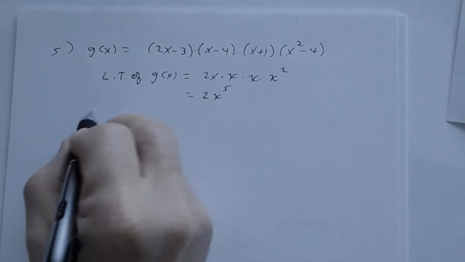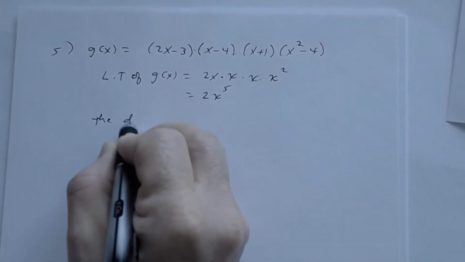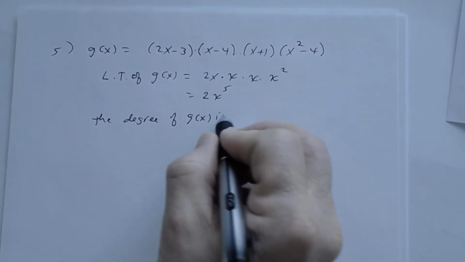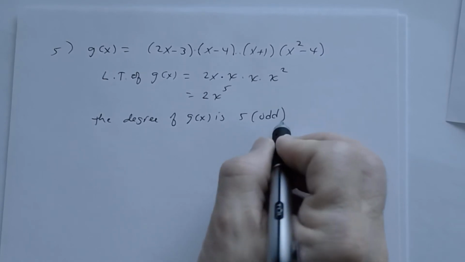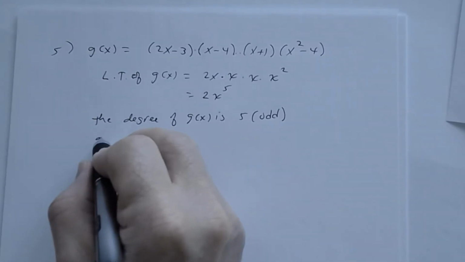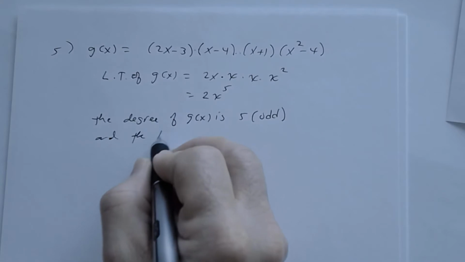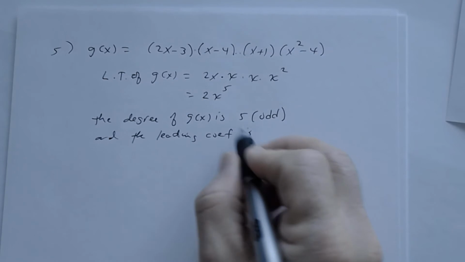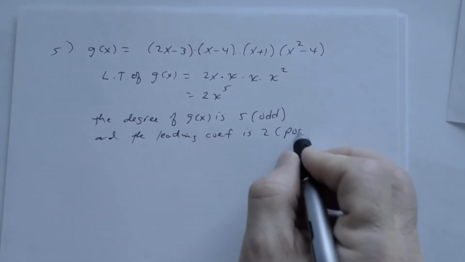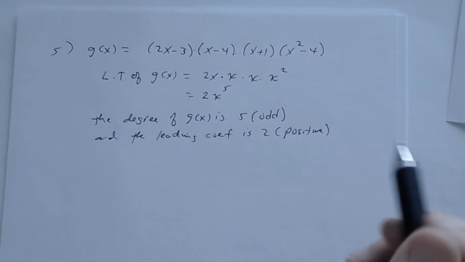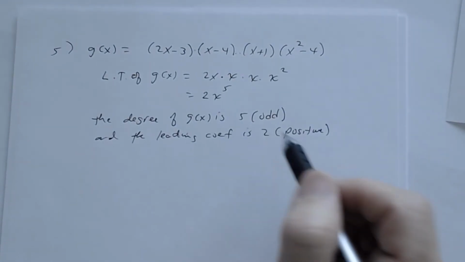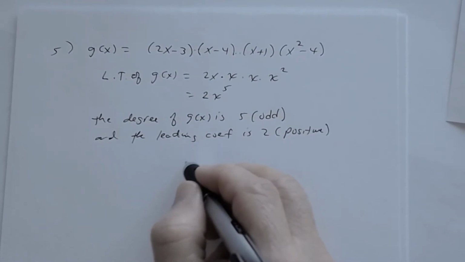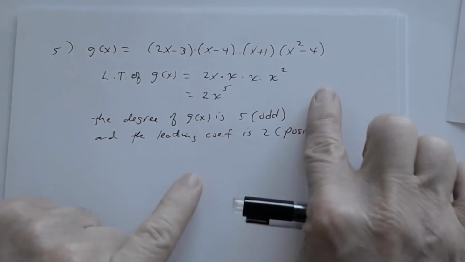Since the degree of g of x is 5, which is odd, and the leading coefficient is 2, which is positive, remember that means, since it's odd, the arrows point in opposite directions.